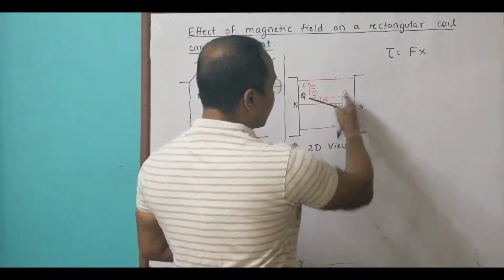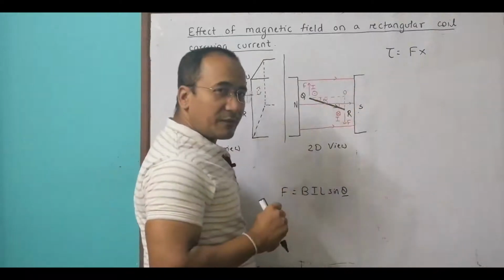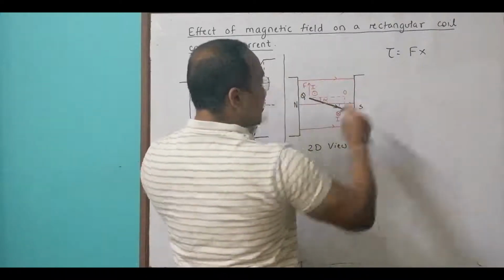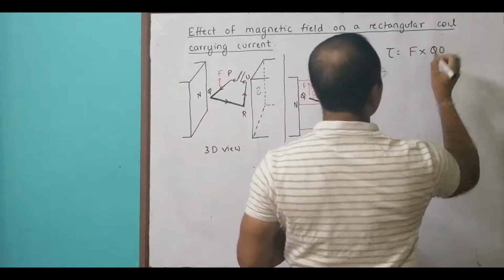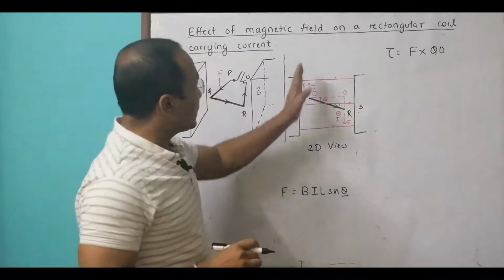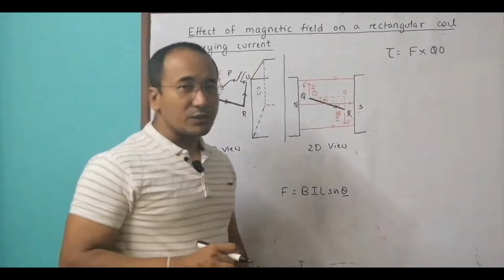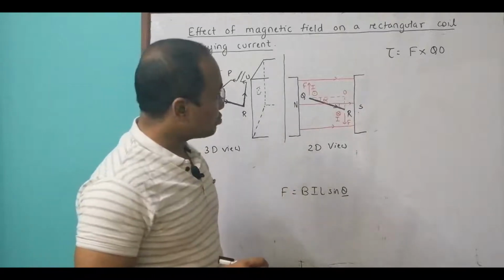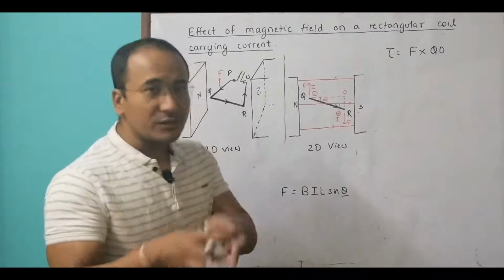This is the line of action of force F, this is the line of action of the other force F, and this is the distance between them. So that's why F into QO. QO is the separation between the lines of action of the forces. So tau equals F into QO. I think there should now be clarity on why there is a torque.